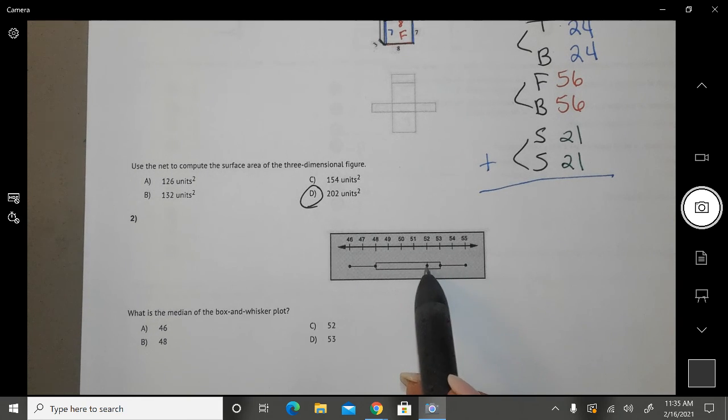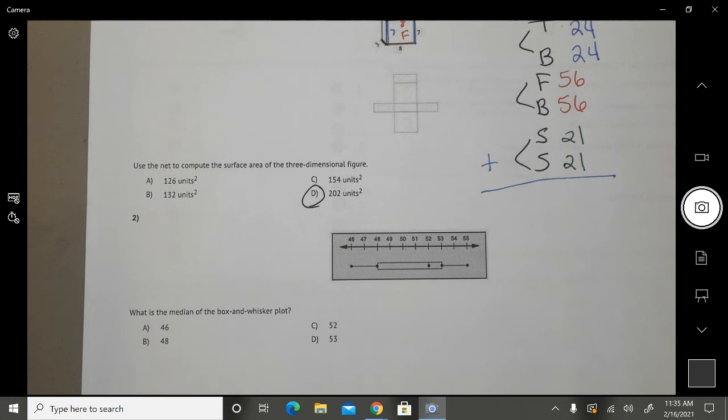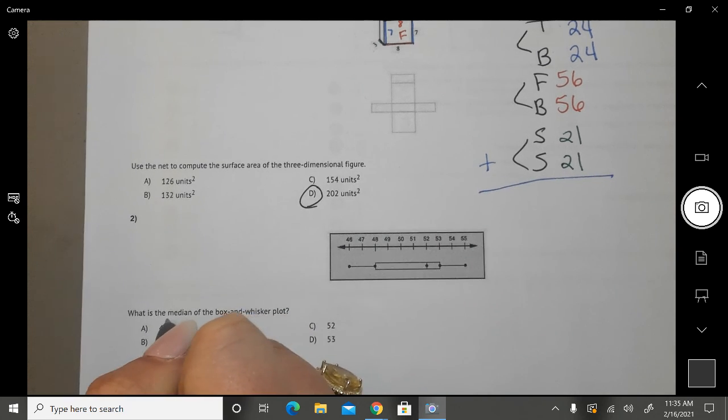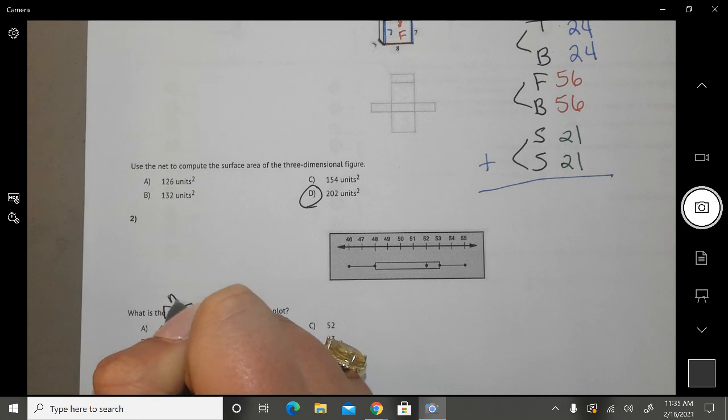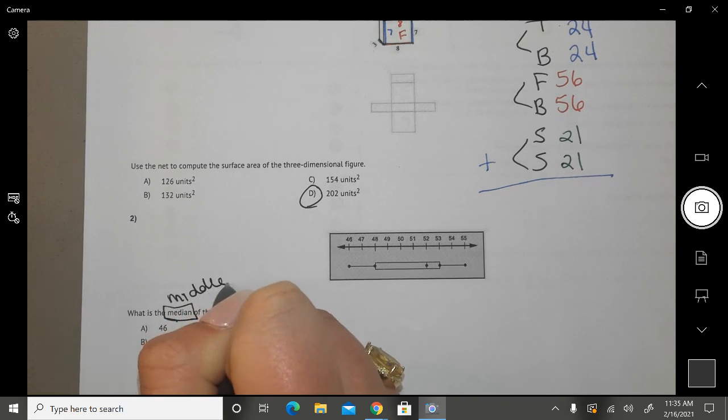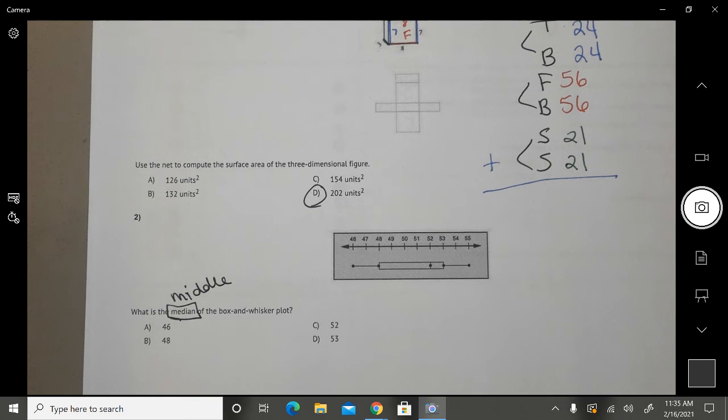If you think about a kitty cat, if he's got his whiskers, what is this? The nose. And if the nose is what in the face? Middle. It's in the middle of the face. So this is our middle number. Median means middle. Mean means average.